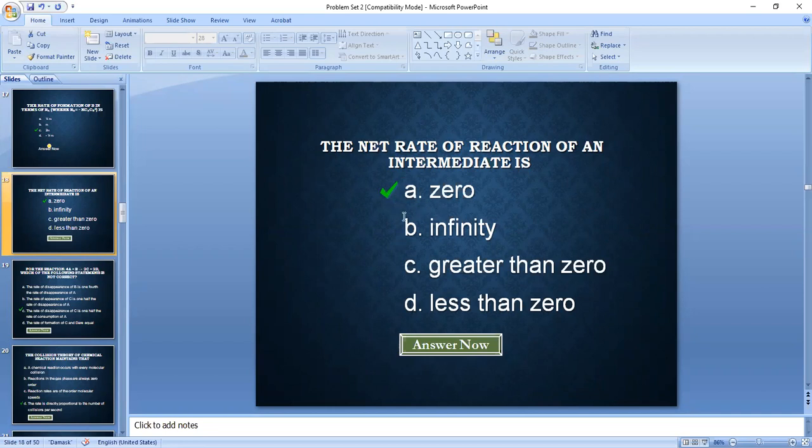It's because there is no net rate of formation nor net rate of disappearance for these intermediates. It's a 0. So that's the reason why we equate it to 0 when we did our proving, in terms of correlating rates of reaction to provided mechanism. So the others are not acceptable. It's the 0 thing here that is the answer.